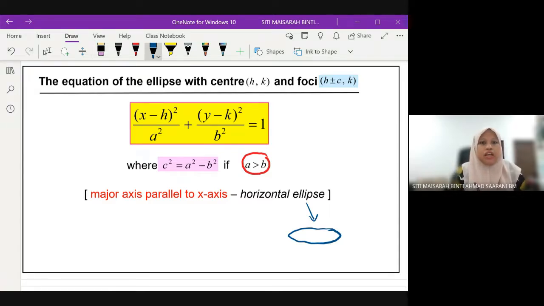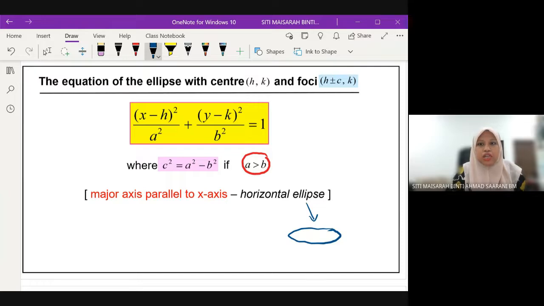Okay. So this is involving shape untuk horizontal ellipse. Kat sini C square is equal to A square minus B square. Ini depends kepada apa nilai yang besar. Kalau A besar, dia akan jadi A square minus B square. Kalau B besar, B square minus A square. Apa function untuk C ni? C ni kita guna untuk cari focus.